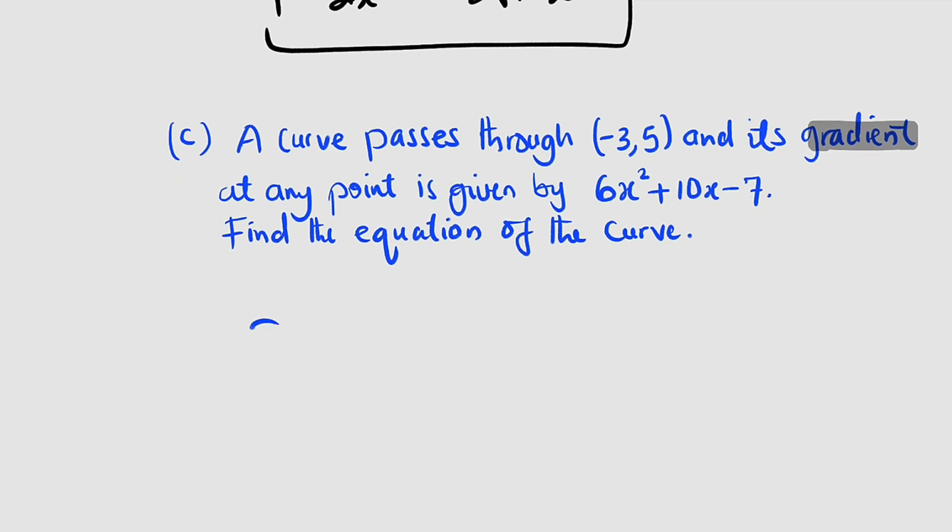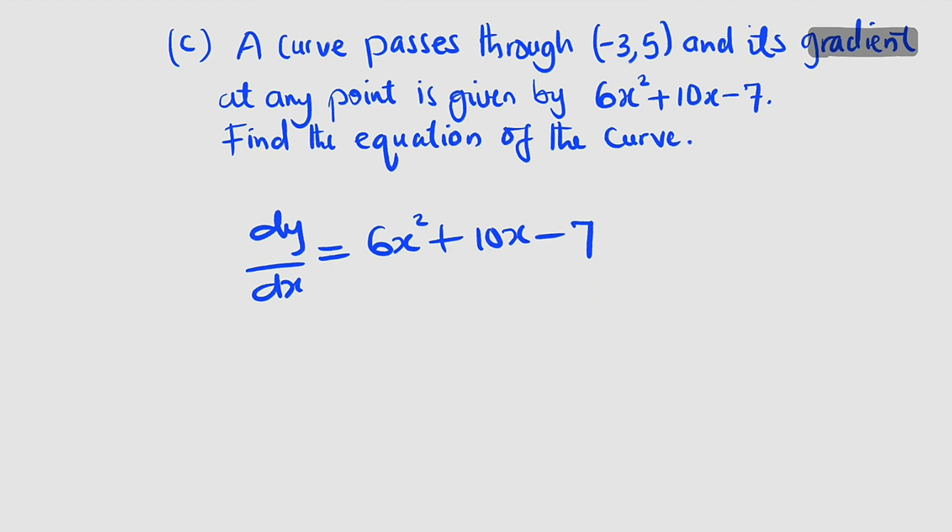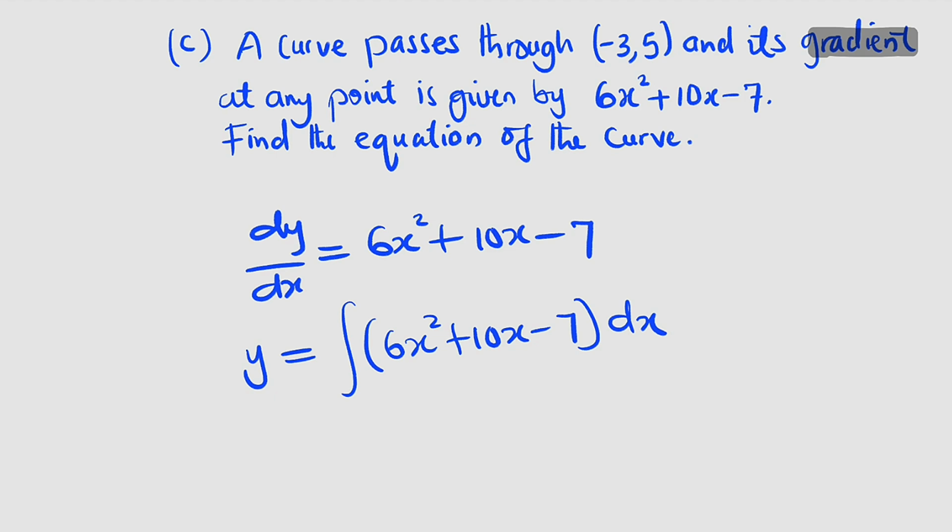Therefore, dy over dx is equal to 6x squared plus 10x minus 7. We are looking for that equation, which is in terms of y. So to find y, we are going to integrate both sides. Integrate the left-hand side with respect to x, you have y. You have to integrate the other side, 6x squared plus 10x minus 7 with respect to x.